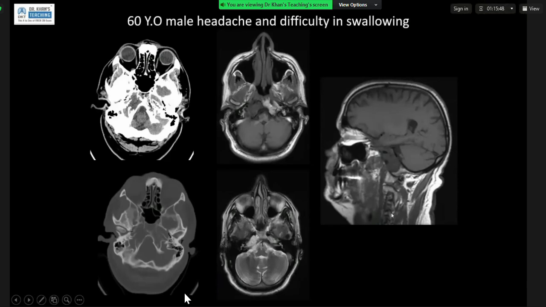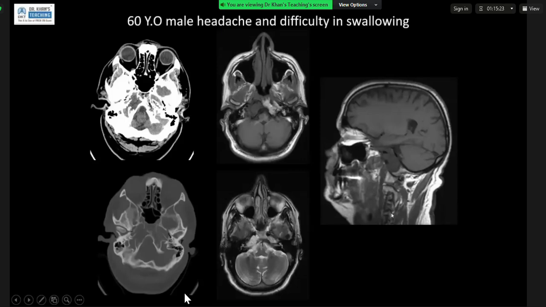So there is an erosive soft tissue mass at the skull base on the right side, which is causing expansion of the jugular foramen and permeative erosion of the petromastoid bone. This is of low signal on T1 and hyperintense signal on T2.